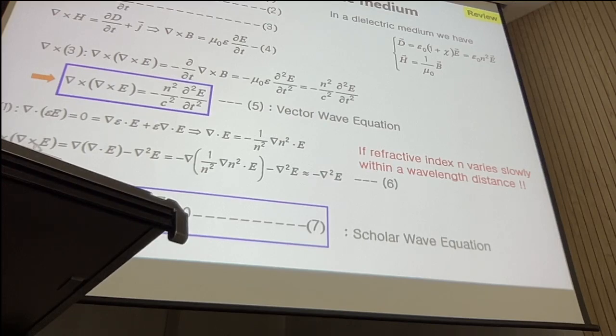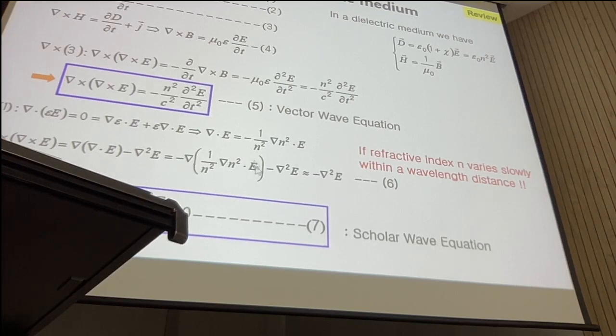And curl curl of E can be rewritten with the vector identity like this: gradient of divergence E minus del square E. The divergence E is given over here. So this is gradient of 1 over n square gradient n square dot E minus del square E. And we can ignore this term when the refractive index change is very small.